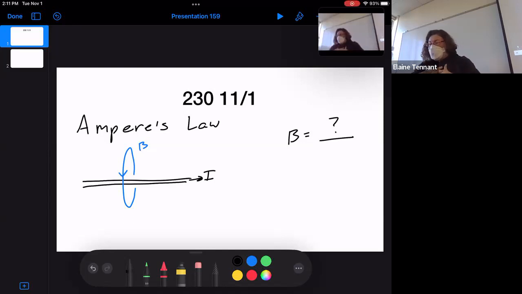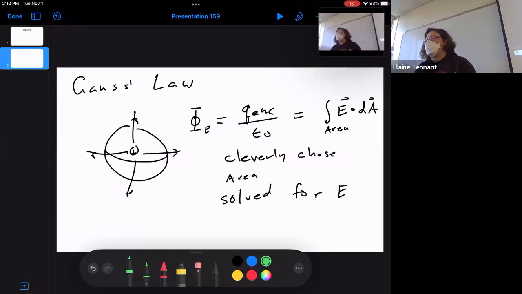And so what I'm going to find with Ampere's law is, since I know that this wire is going to make a magnetic field, I could make some imaginary loop, which is very similar to Gauss's law, where we enclose things in imaginary surfaces.